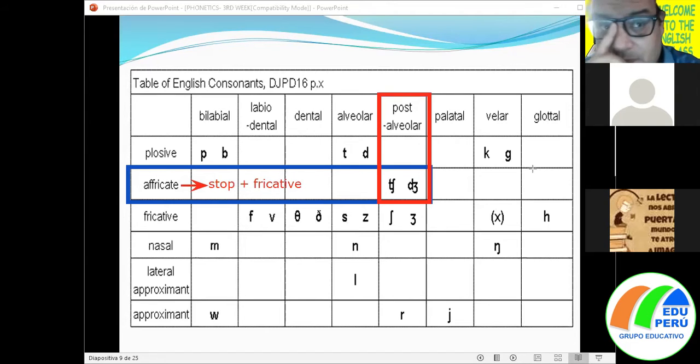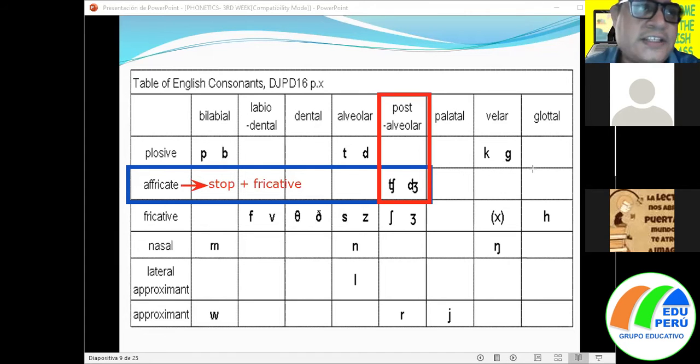First we have ta, and then the sound sh, ta, sh. You join these two sounds and you produce the affricate sound. Ch, ch, ch. And the other is the same. We have the sound da and j, da, stop, j, fricative. So you join these two sounds and produce the affricate sound. J, j.